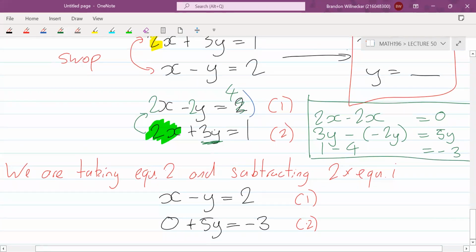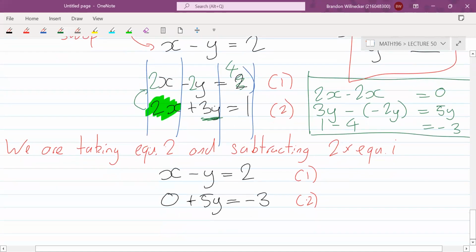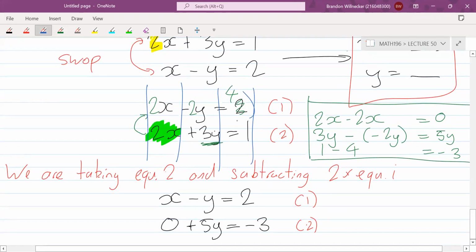Okay, so you can imagine looking at this in terms of columns, so like that, if you want to. So for the x part, we're taking 2x minus 2x from above. That gives us 0. 3y minus 2y, so that's 5y. And then 1 minus 4, so that's minus 3.